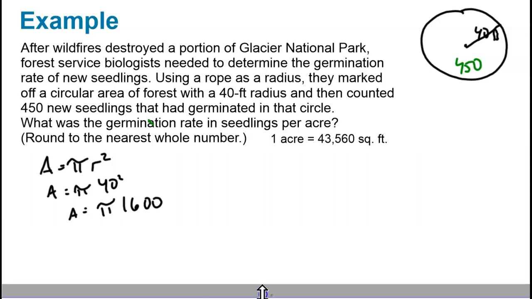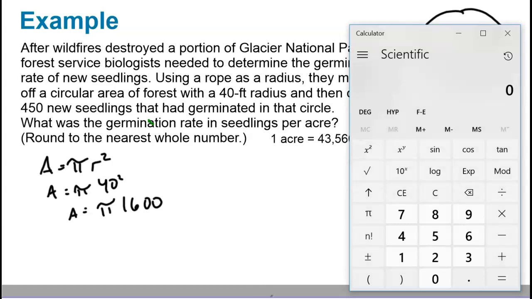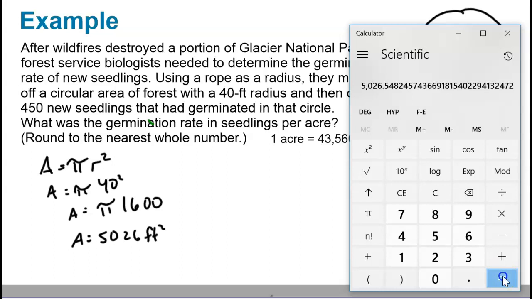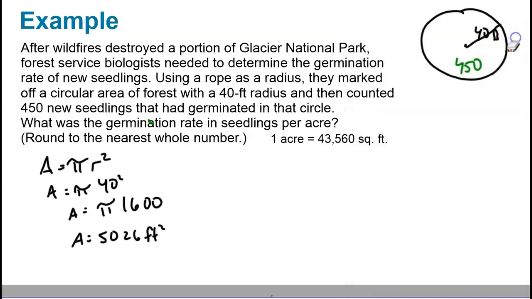Let's get our calculator: 1600 times pi is 5,026. So we know the area is 5,026 feet squared, and that is the area inside of the circle.